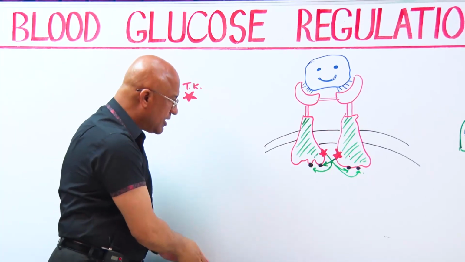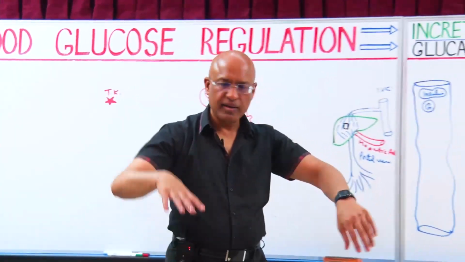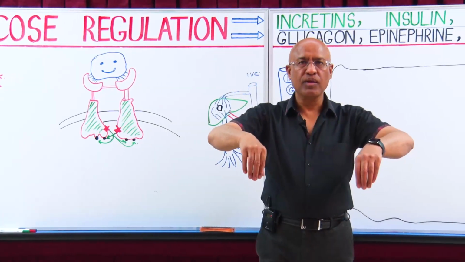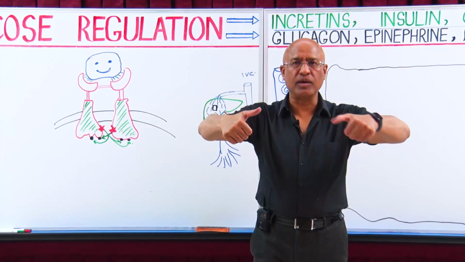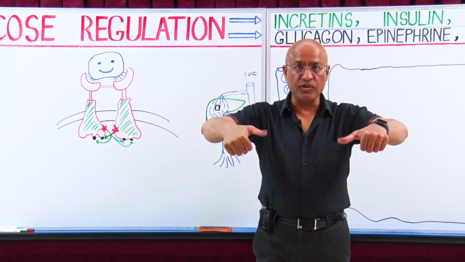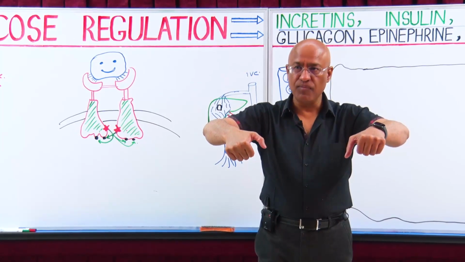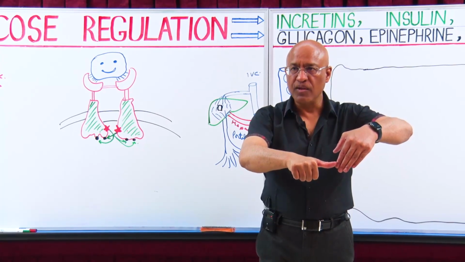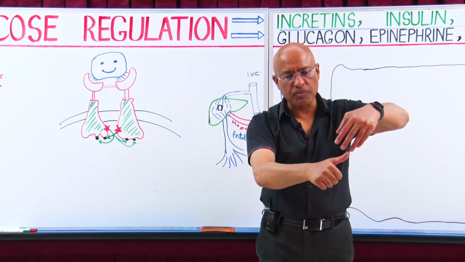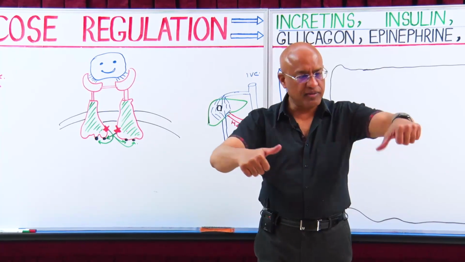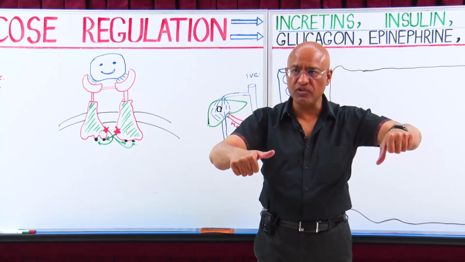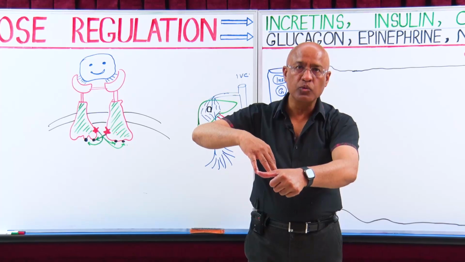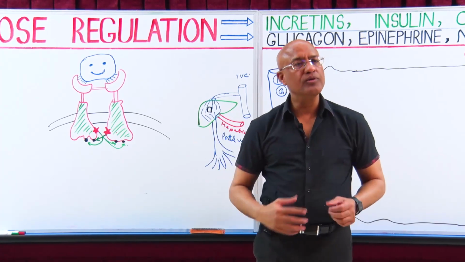Just imagine these are the two beta units, and my thumbs are the intrinsic tyrosine kinase domains. This thumb of my right hand will attack the other hand, find the tyrosine amino acids and phosphorylate them, and the enzyme of this beta unit will attack here and do the same tyrosine kinase activity.